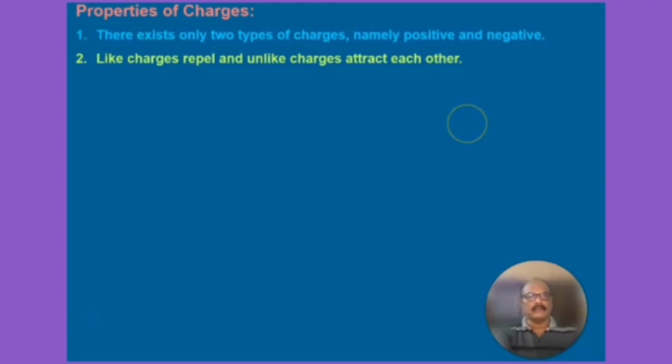All that you have studied even in chemistry. Like charges repel, unlike charges attract, that you know very well. When you take a positive glass rod and a negative plastic rod and bring them near, they will start attracting. And charge is a scalar quantity, it only has magnitude, no direction.